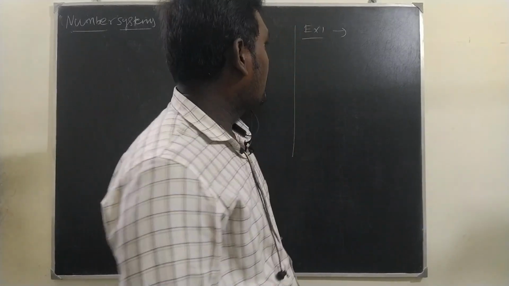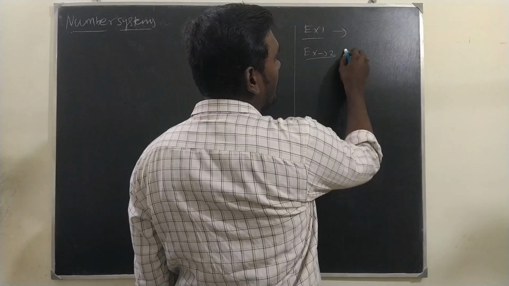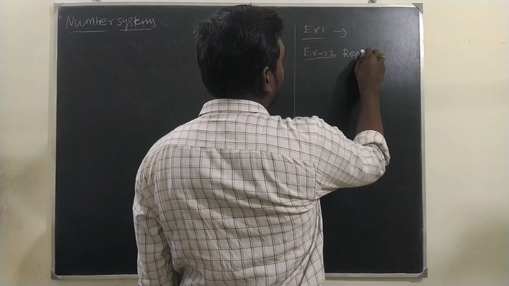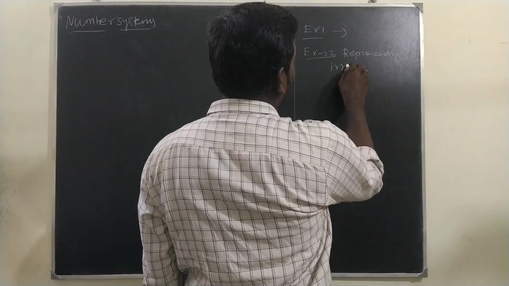And then exercise 2 is about representing irrational numbers on the number line.